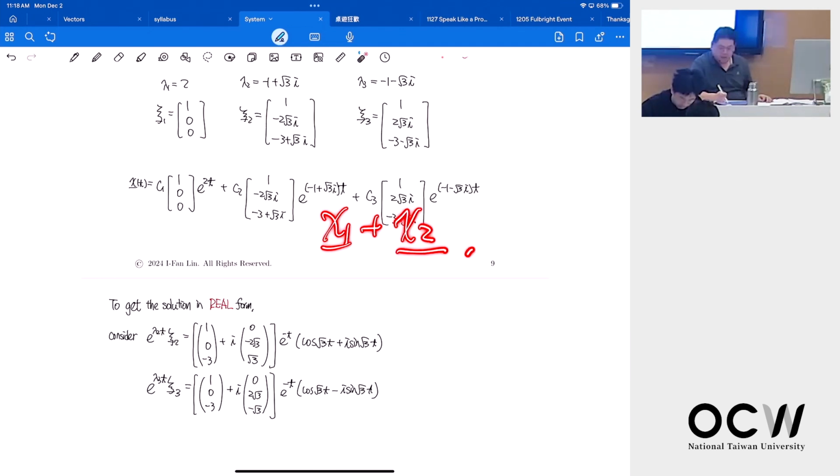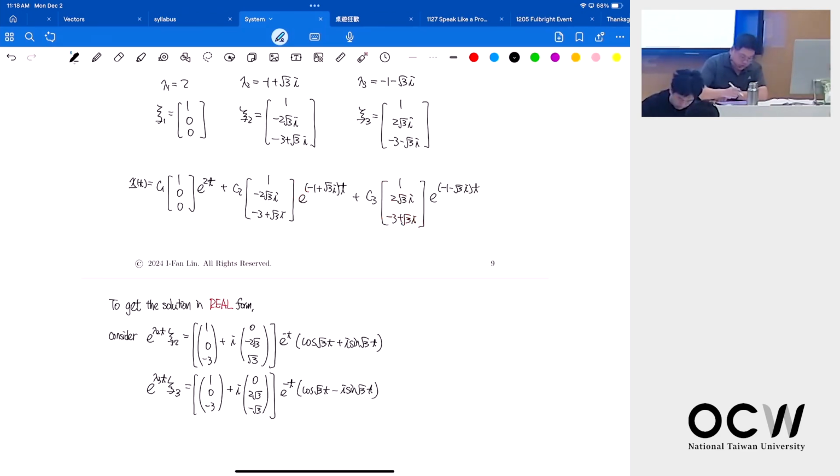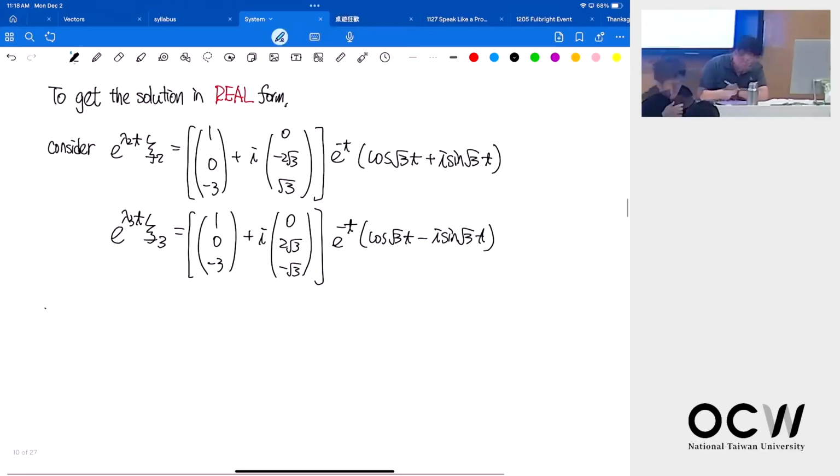It could be plus 3x2 or even minus 4x2 or 2x1 plus 4x2. They are also solutions. So in this concept, these two solutions summed together will also be a solution.